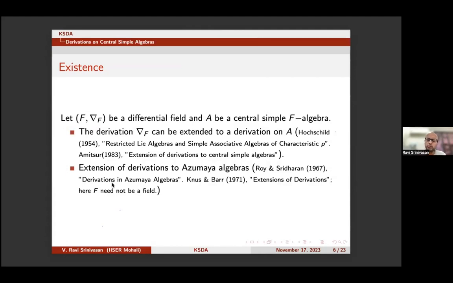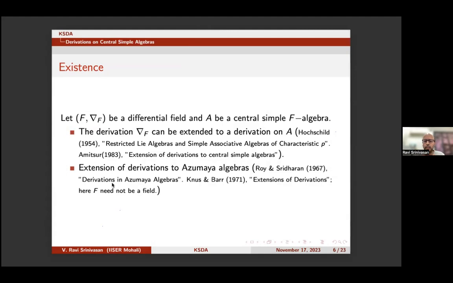In fact, he proves it in a much bigger context. Even if a subalgebra has some derivation, then you can extend that. So he proves it in a slightly more general context. And many of these results were reproved by Amitsur in 1983.